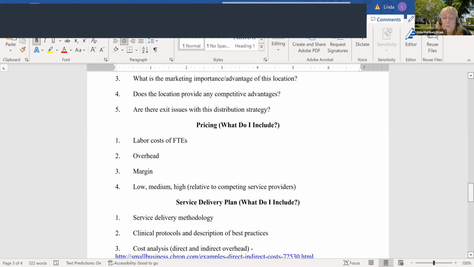Okay, when you get to your service delivery plan, how are you delivering your service? Are you delivering it in a building where they come to you? Let's say you've decided to create a new company that does strictly transport services, taking individuals to the hospital, taking individuals to appointments.